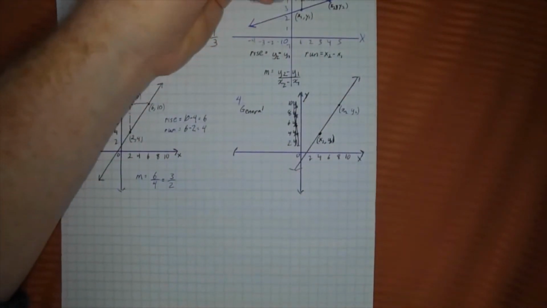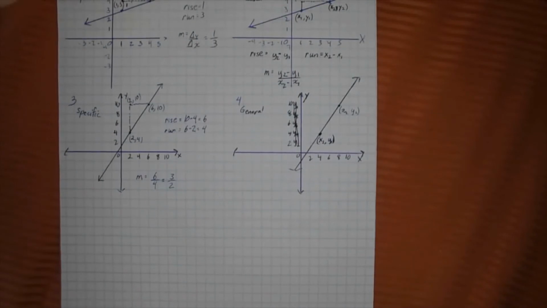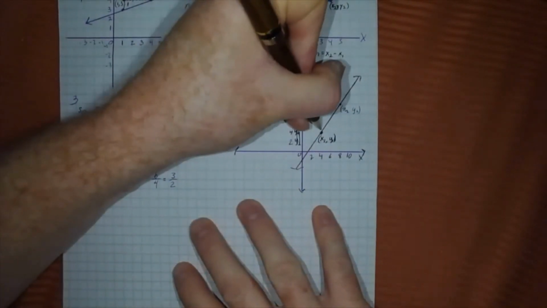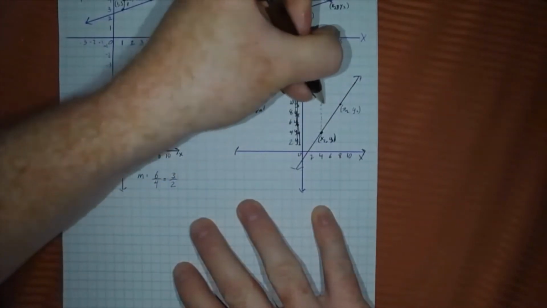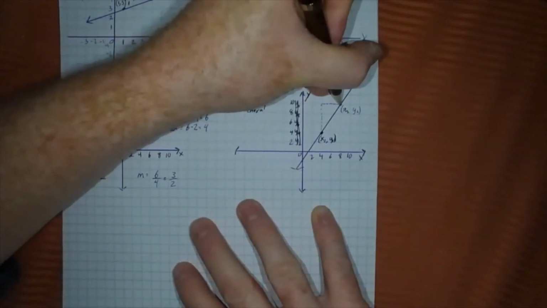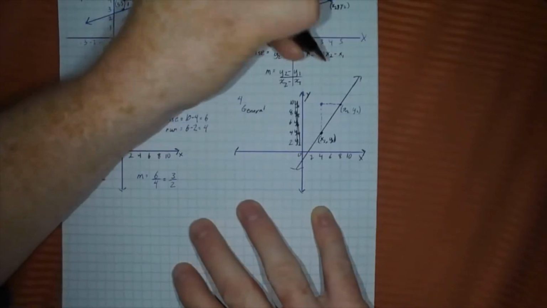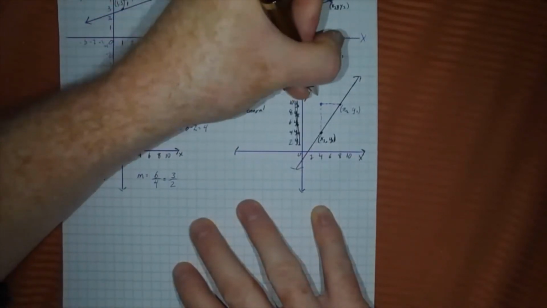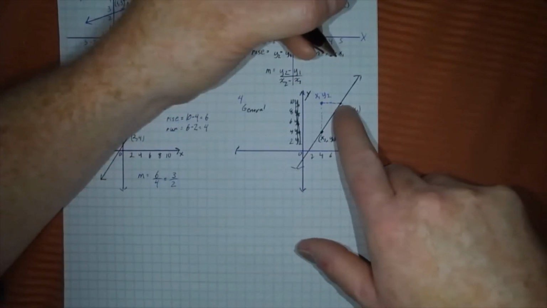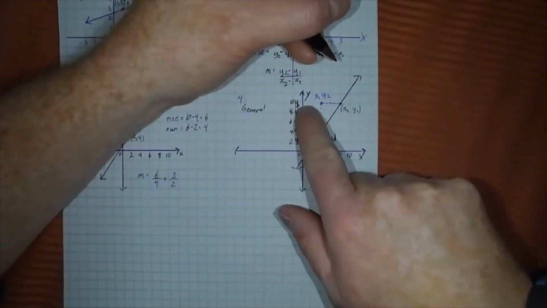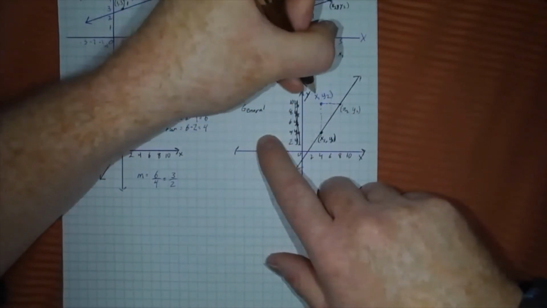Okay, here's my line. So what am I looking at exactly? Well, I have a rise going from here, x1, y1, going up, and then I go a run. So I have this special point here, which is going to have the value x1, y2, because y2 falls along this y value.